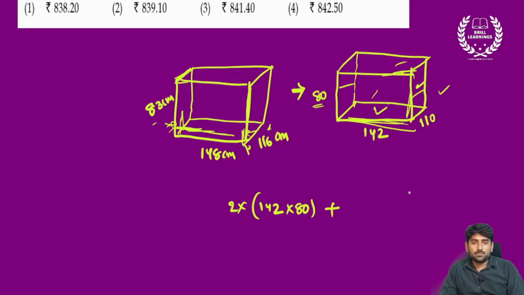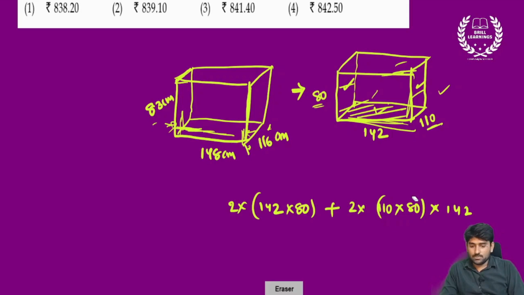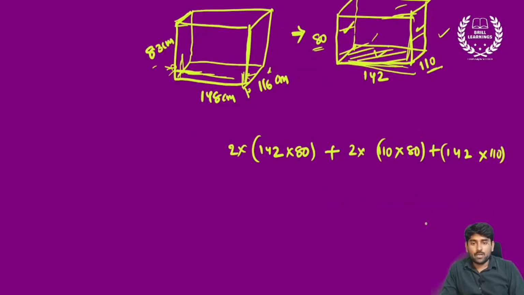And sides, this portion 110 into height, so 2 portions, 110 into 80, and top bottom portion means 142 and 110. So total surface area. First find the value for this.